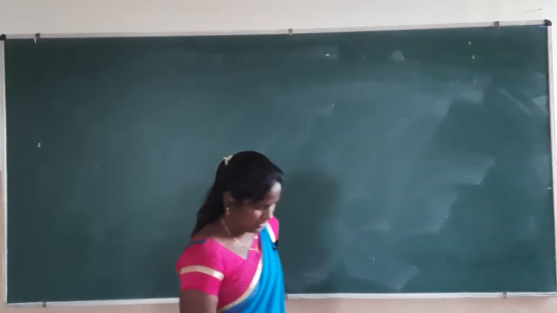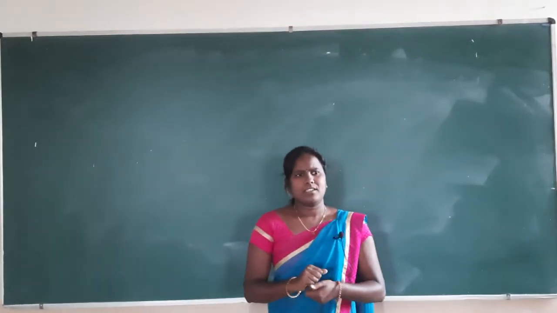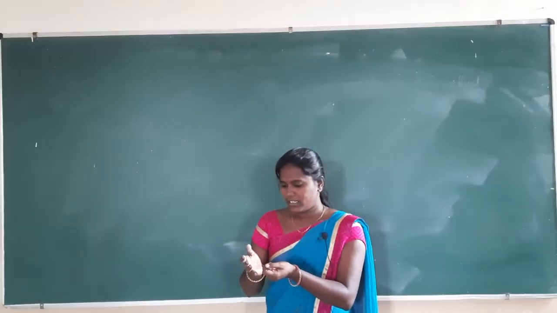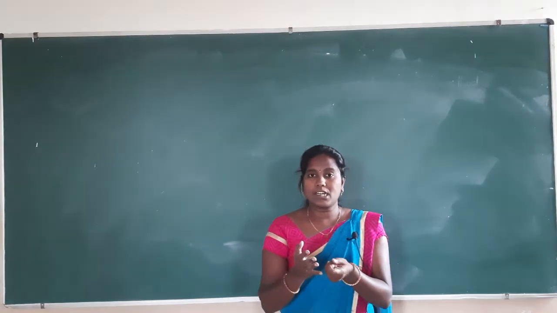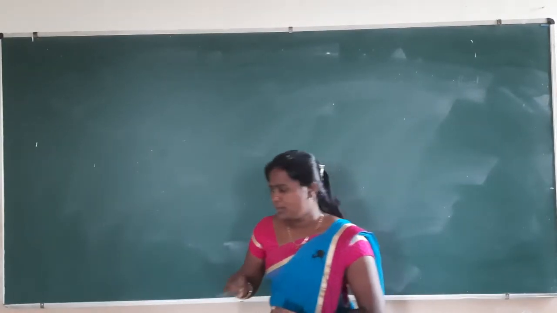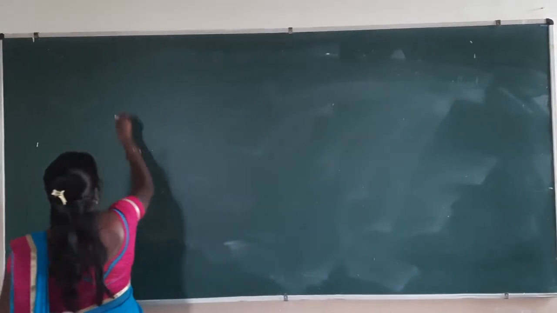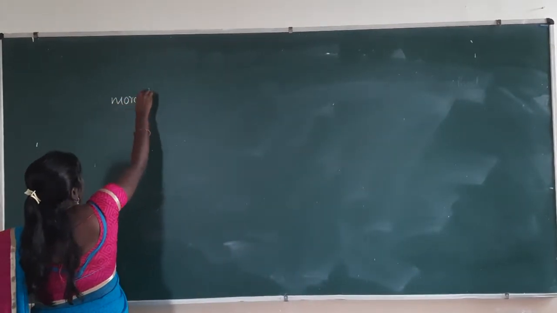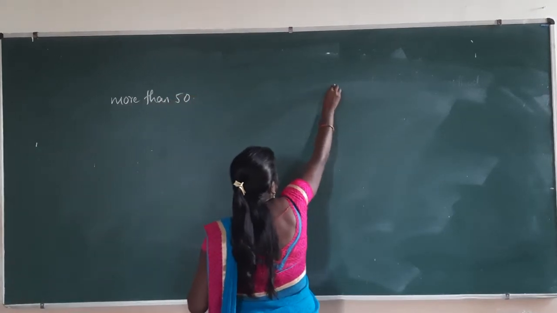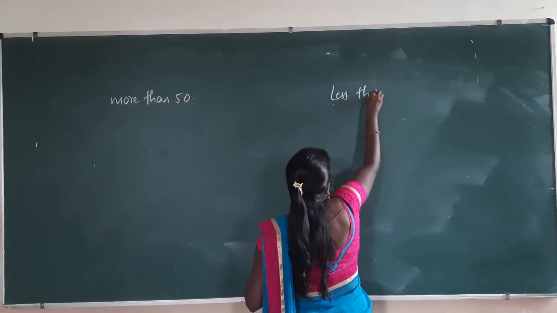Now let me consider some numbers which are near to 50, which are less than 50 and which are greater than 50. So here first I will take more than 50 and here I will consider less than 50.